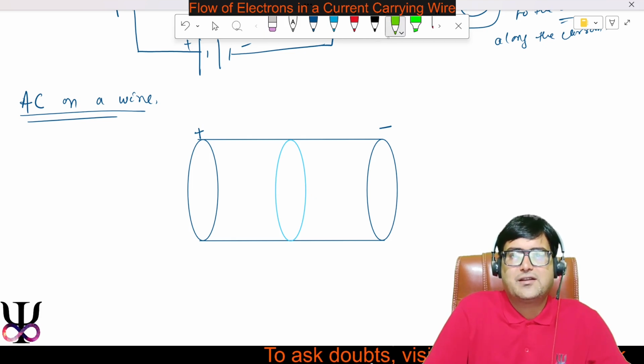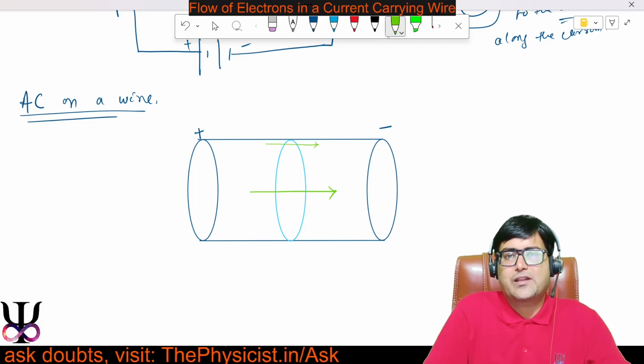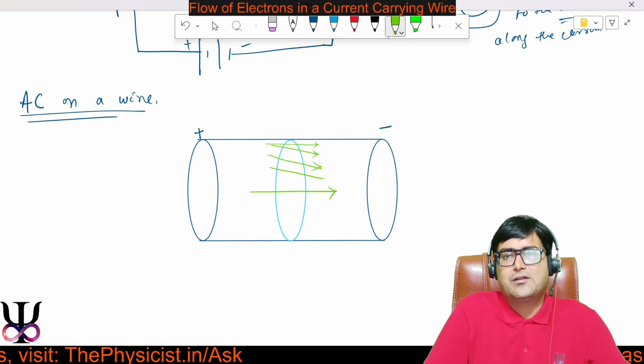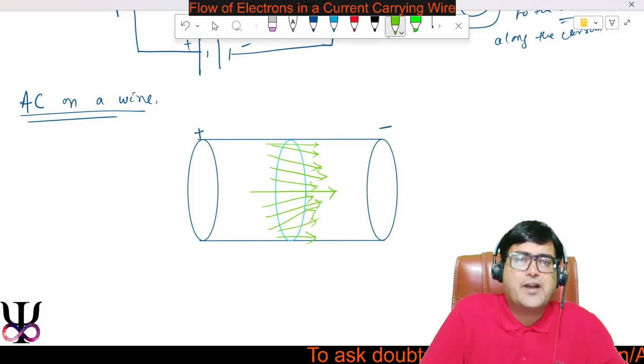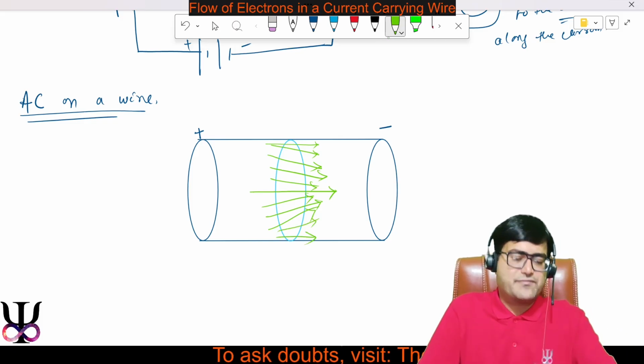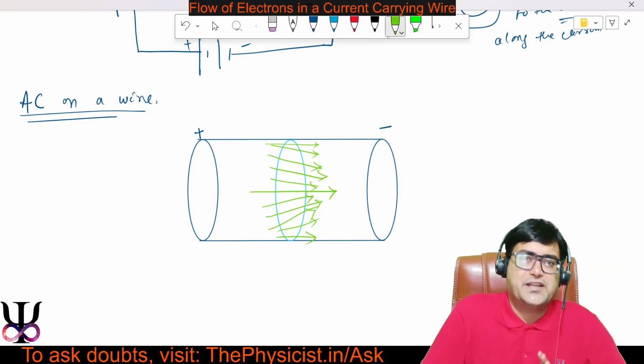Fine. Let's say that the electric field is here. At the top it will be more like this, and gradually it will squeeze off. So this field maintains itself like this if it's a DC, direct current.